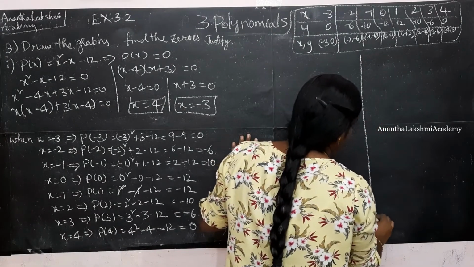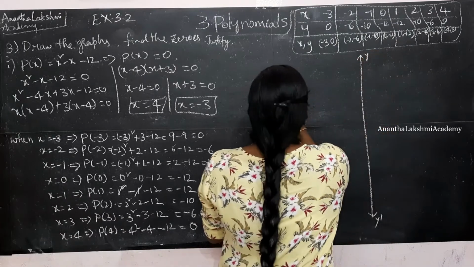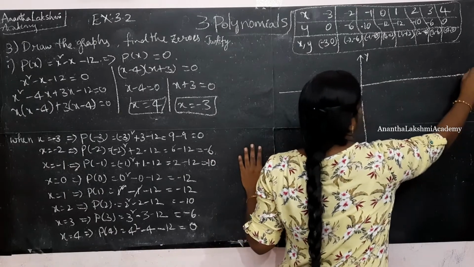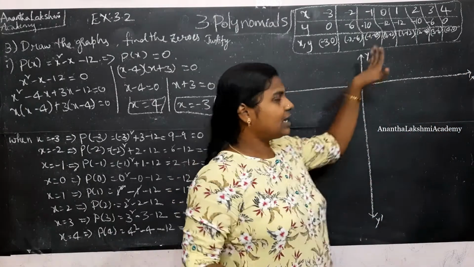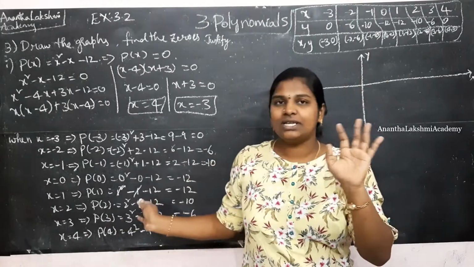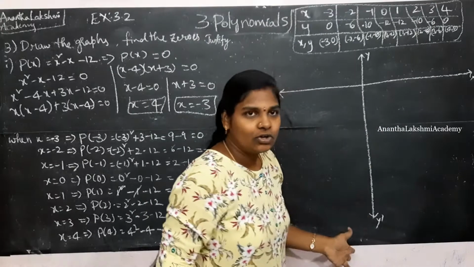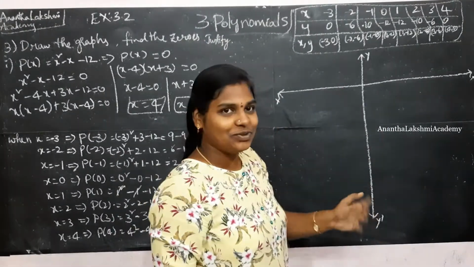So this is going to be my y dash axis, and this is going to be my x dash axis. I have taken the positive side of y a little short because there are no positive values for y, and in order to have sufficient space, I have cut down the graph like this.